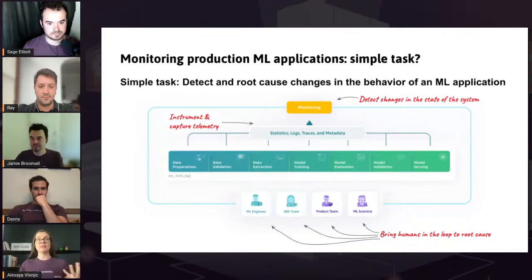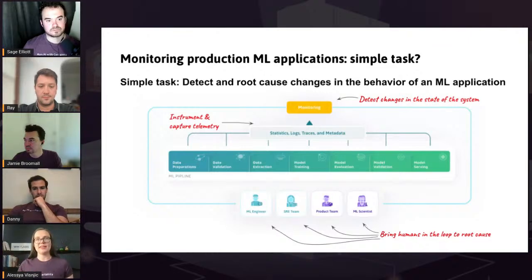These changes can be detected by capturing some kind of telemetry or some kind of signal from various stages of the life cycle. And then once you detected a change, you need to bring humans in the loop to help you identify whether this change is a really bad one that you need to jump in on and retrain the model, or pull an end on cord, or do something very drastic, or whether this change just warrants some kind of model improvement or data improvement.